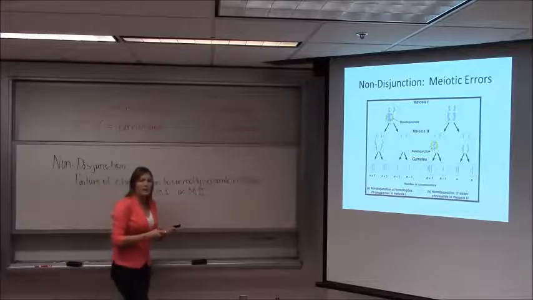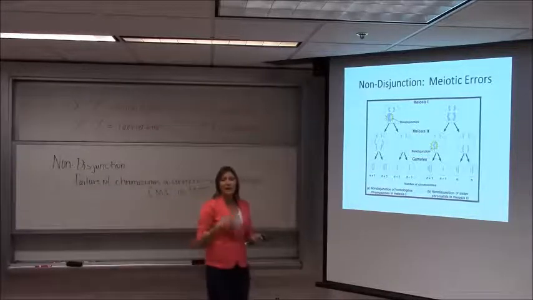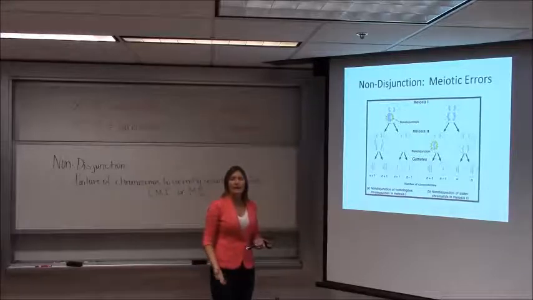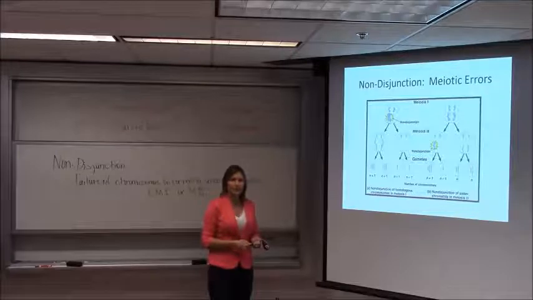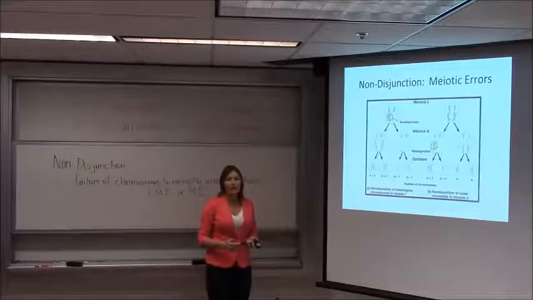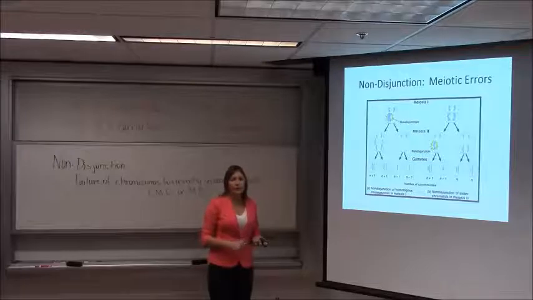We do know that there's a correlation between female age and the incidence of nondisjunction. Why? Well, that's because when females are born, all of their egg cells are already present in the ovaries and have reached prophase 1 of meiosis.